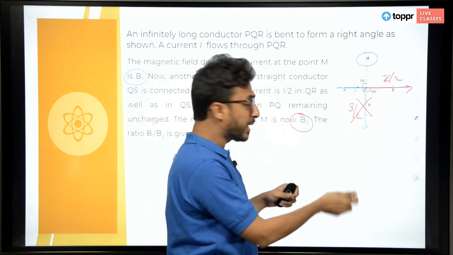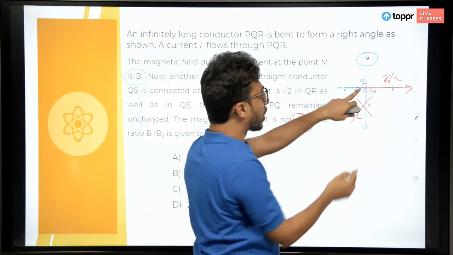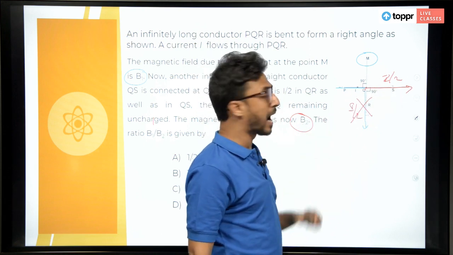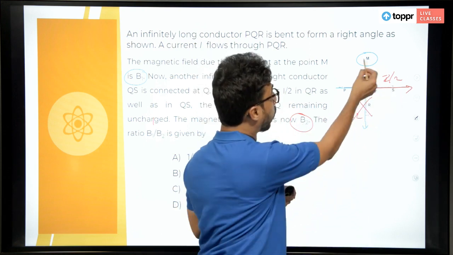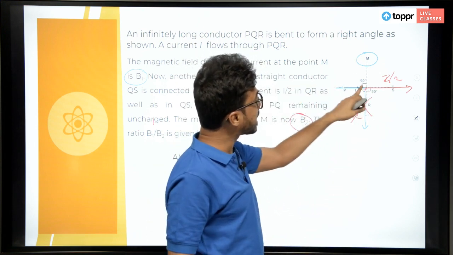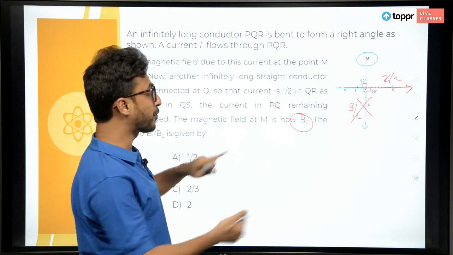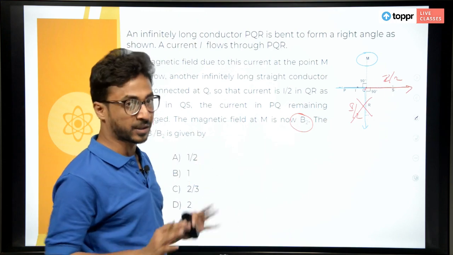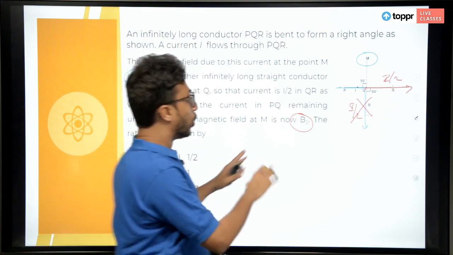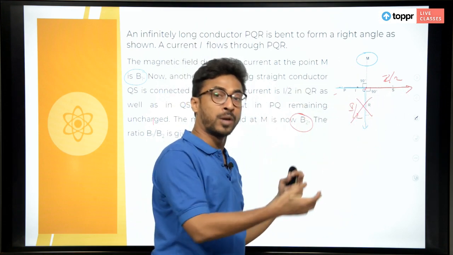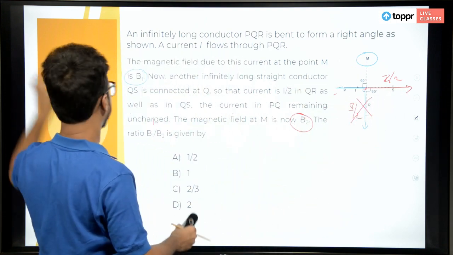So what is happening? Only PQ was there. Now you are joining another conductor which is carrying I by 2 current. Now the magnetic field, because of this I and I by 2, is B2. So we have to find the ratio. This is the question. Now, the magnetic field is dependent on the current. Let us see what formula we are using and we can find it.